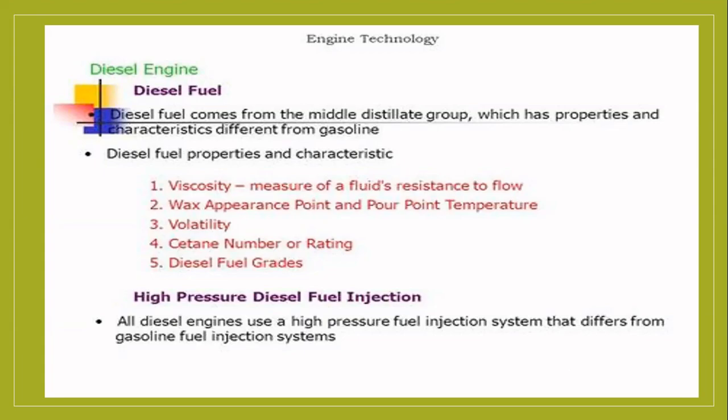Normally we call it the cetane rating. Diesel fuel grades. High pressure diesel fuel injection system. Now we have seen the properties of diesel fuel. Then we will see how diesel is injected into the system.